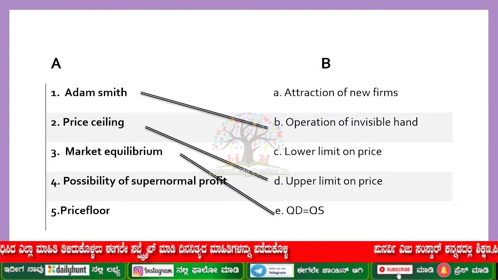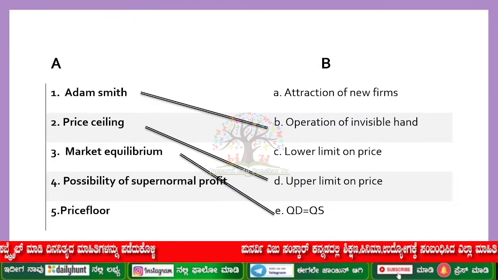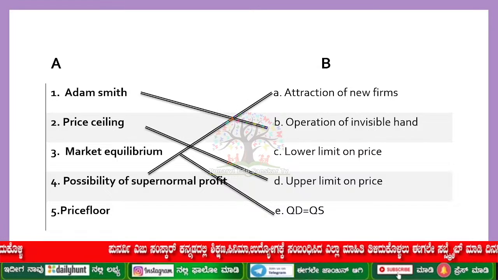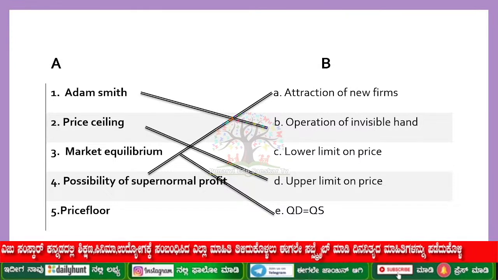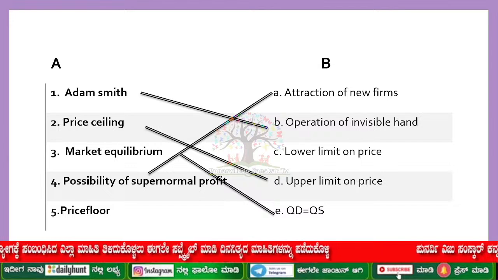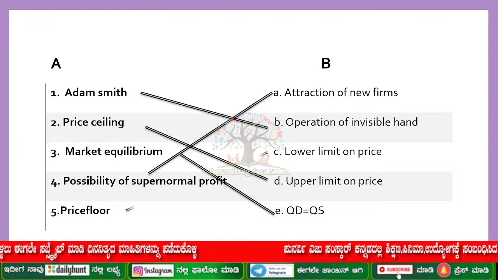Possibility of supernormal profit: when there is a supernormal profit under perfect competition, it attracts new firms into the market. Price floor is a lower limit on prices imposed by government for a few essential goods.